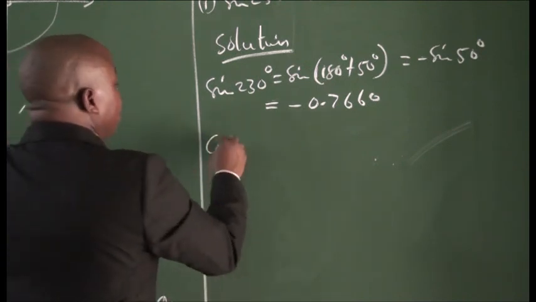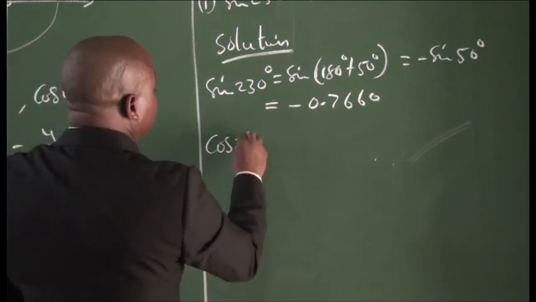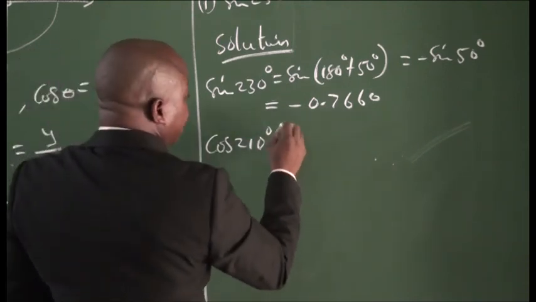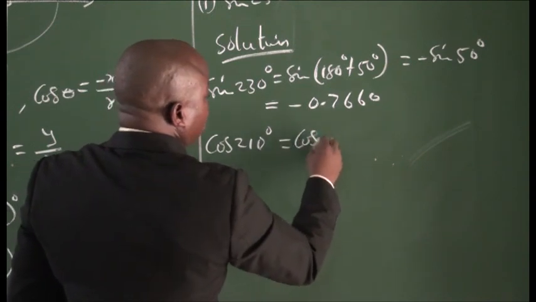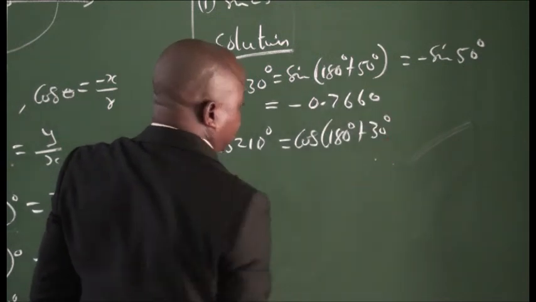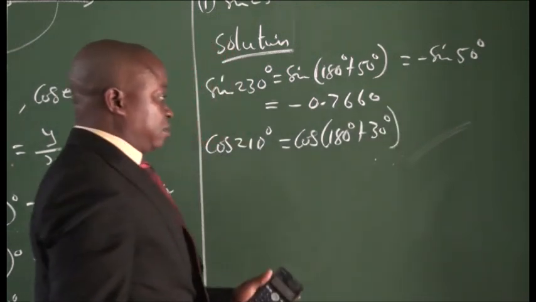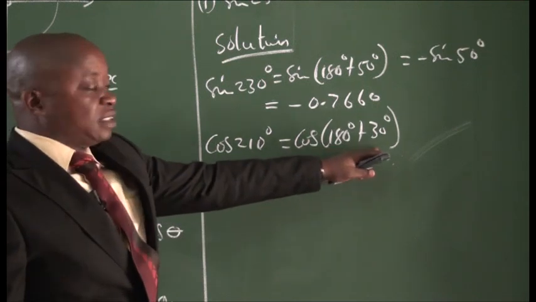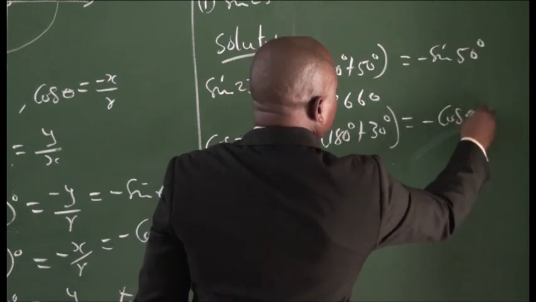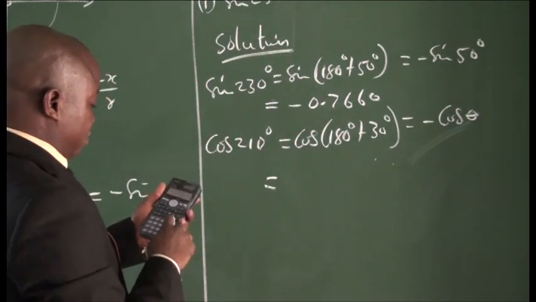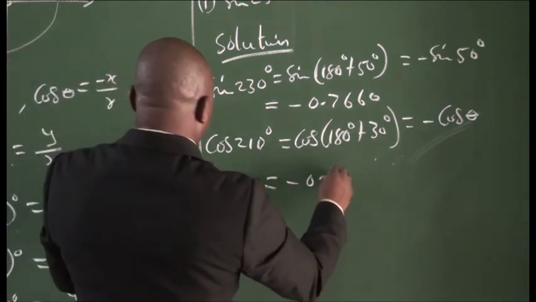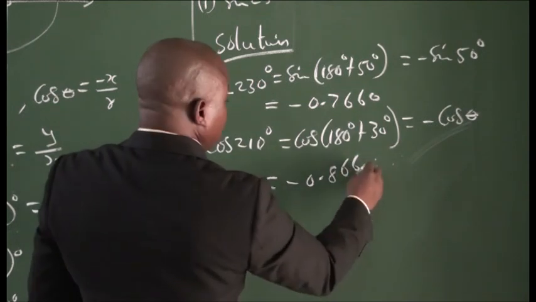All right, so we now go to cos 210 degrees. By definition, it will be cos 180 degrees plus 30 degrees. So that will be equal to minus cos 30. The numerical value then becomes minus 0.8660.